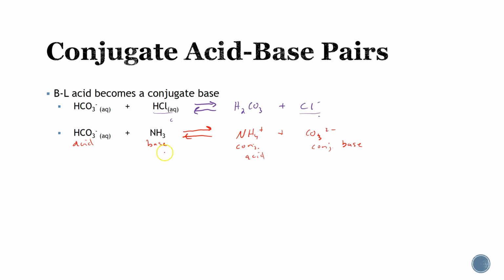So I have a conjugate acid base pair there, and a conjugate base acid pair there. I think that's the gist of what I want you to understand for now about acids and bases. We might get more into the strength of acids and bases at a later date, but for now, leading up to our test coming up in a few days, that's about the extent of it.